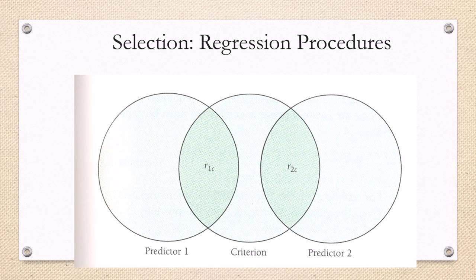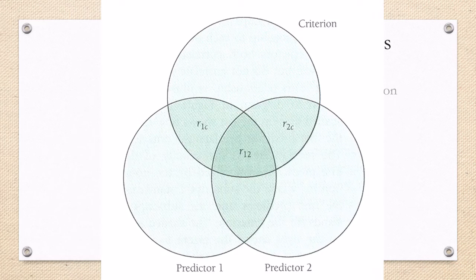So here we can see a criterion that is predicted independently by two different predictors. If we look at the areas that are shaded, this is how much of the criterion, or how much of performance, is being predicted.